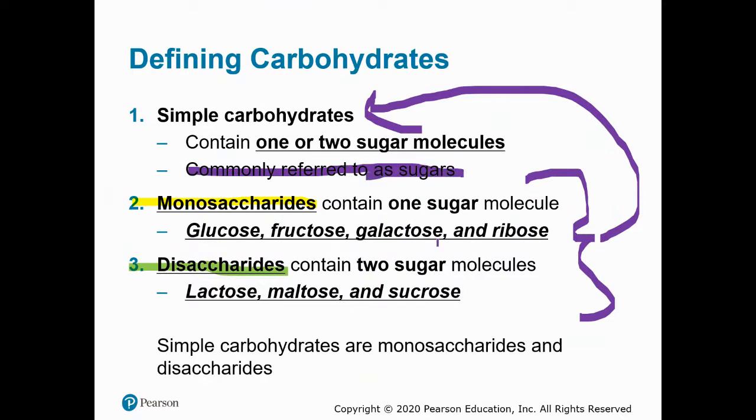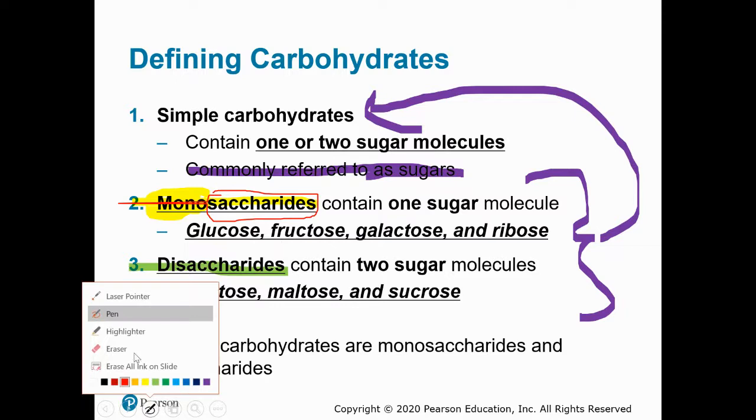We can still see that. So simple carbohydrate means there's 1 or 2 sugar molecules. Monosaccharide, mono, hopefully you can identify that prefix, mono meaning 1, right? And this is a term to familiarize yourself. Saccharide is the, I think, Greek word for sugar.